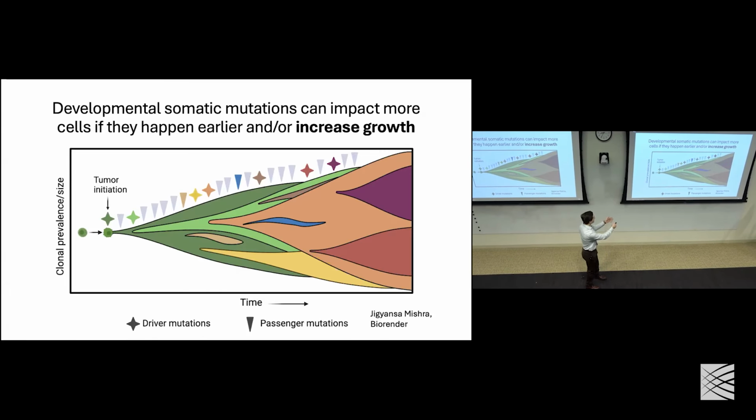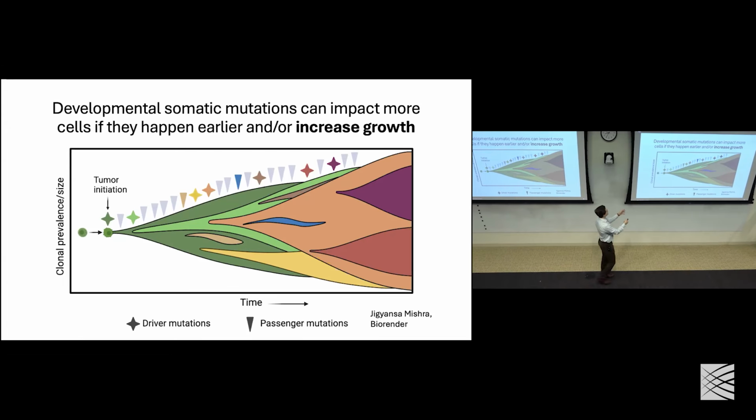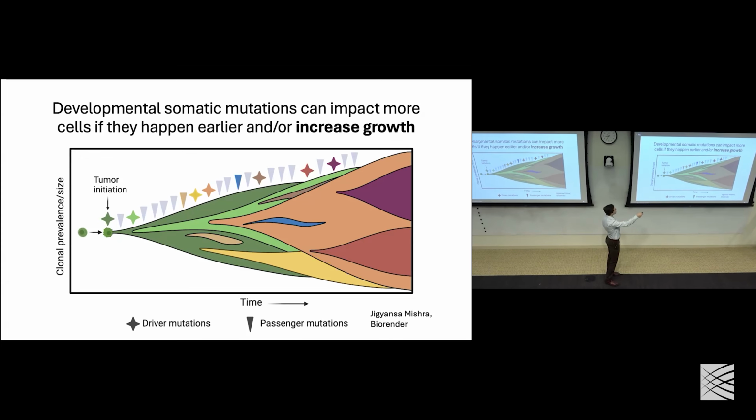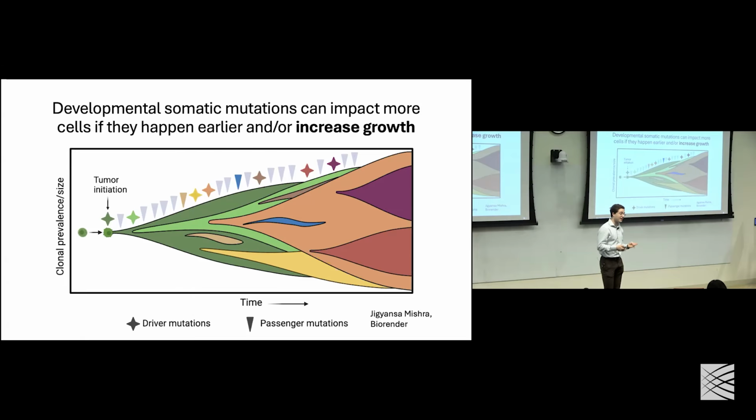And as that massively proliferative cell continues proliferating, it will accumulate additional mutations, some of which are also driver mutations that increase its proliferative capacity further. What we're seeing in this graph is that over time on the x-axis, this cell accumulates more mutations, and those mutations that increase its ability to proliferate form larger clones.